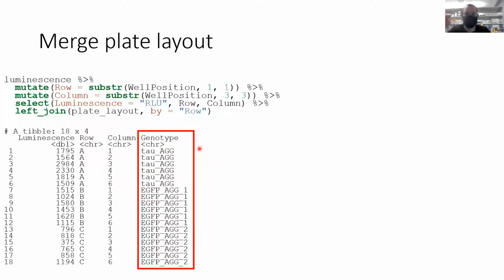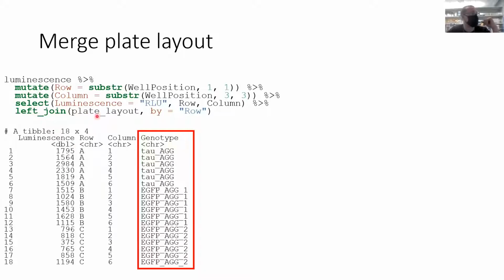Does that make sense so far? Yeah. Okay. So now what we want to do is we want to combine the two, right? So we want to join the two data frames so that anything with a row letter A in our luminescence data frame over here will get the corresponding genotype, tau ag. Everything with the row letter B will get its corresponding genotype, EGFP ag 1. And row letter C, the same, EGFP ag 2.